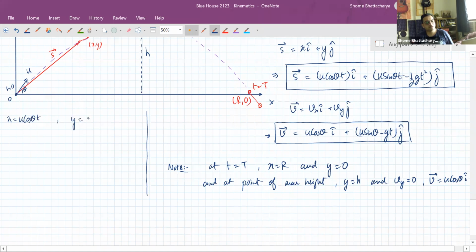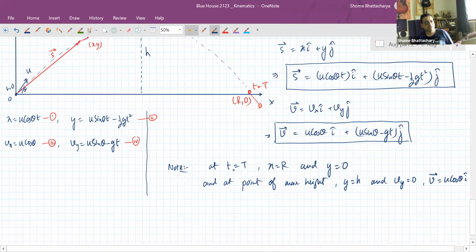Y as a function of time was u sine theta t minus half g t square. The x component of velocity was always u cos theta, whereas the y component of velocity was u sine theta minus gt. So these are our primary equations 1, 2, 3, and 4.